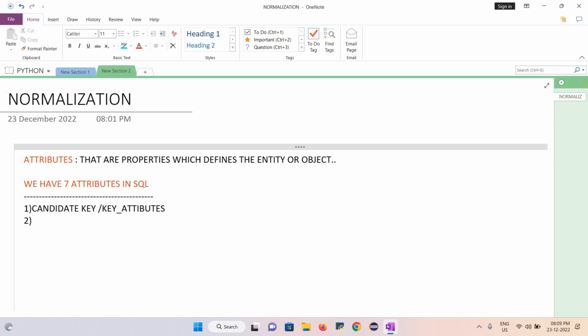The second one is non-key attribute. The third one is prime key attribute. The fourth one is non-prime key attribute.